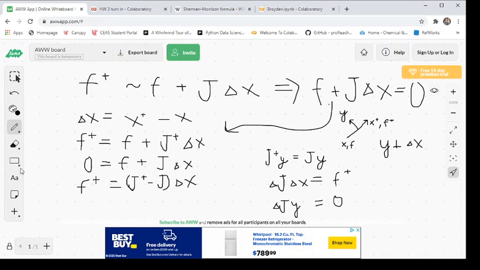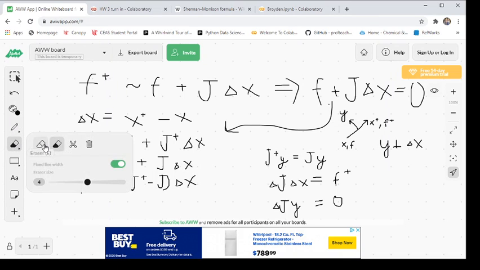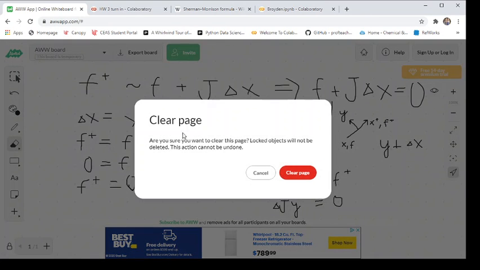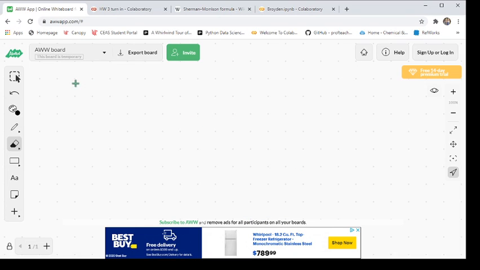Alright, so I'm going to clear and then I'll rewrite those two equations that we just derived.